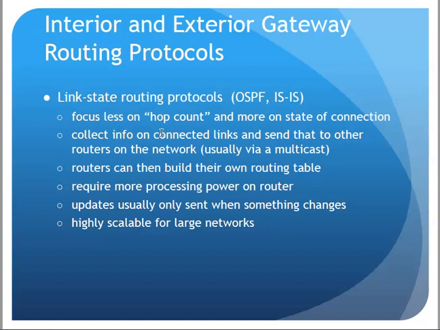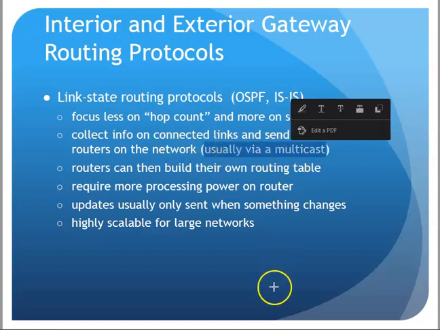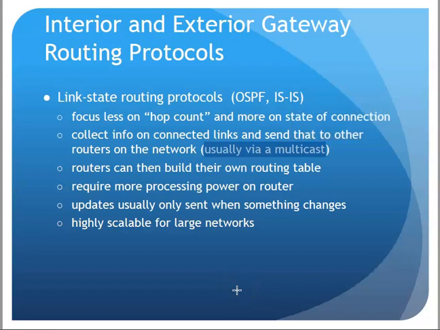They usually send their information by multicast. The difference there is when you multicast, you're actually trying to send to all the routers, I'm doing air quotes here, at the same time. The information gets out to the routers much more quickly. The routers factor that in, then turn around and say, okay, with that information, I'm going to update my table this way. The routers then build their own table.